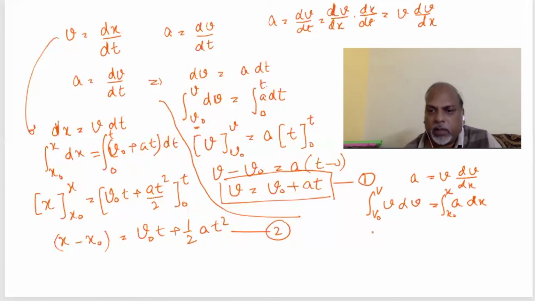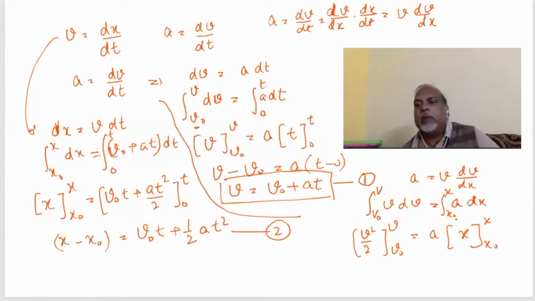This will be nothing but v square upon 2 from v0 to v, and this is a. a is constant with respect to time.